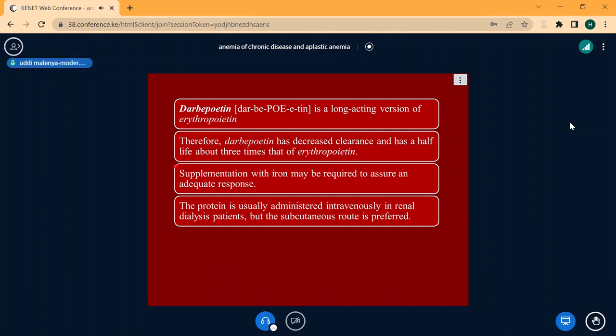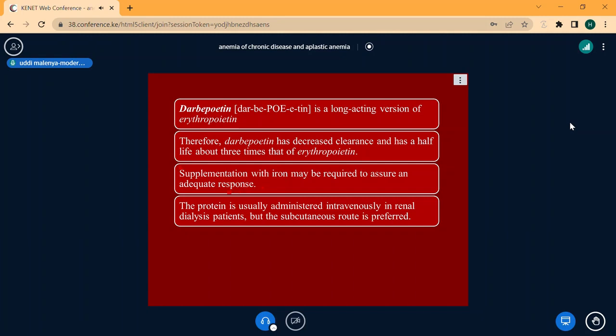And therefore, when you are giving erythropoietin, the other thing you must ensure is that this patient also gets iron supplements. When you are managing iron deficiency anemia, you can give this patient parenteral iron.